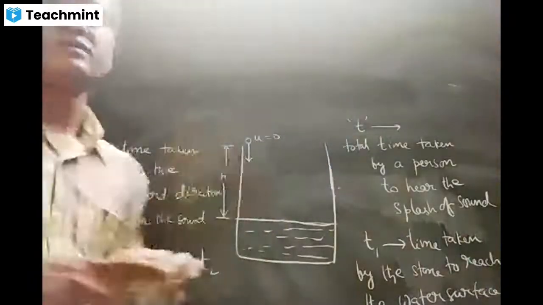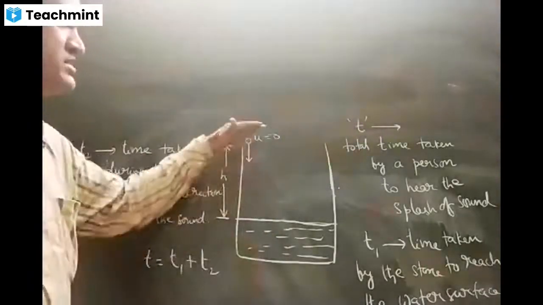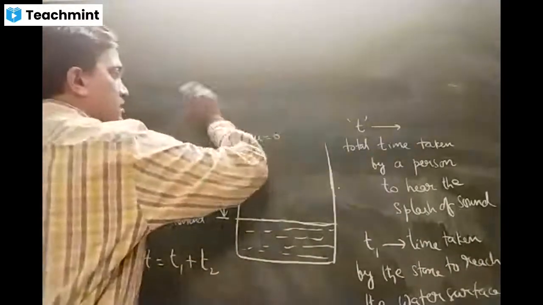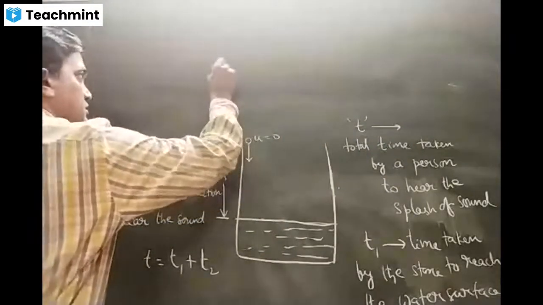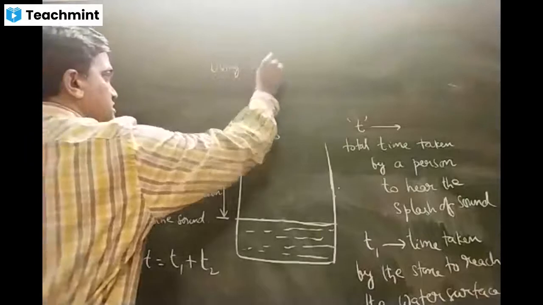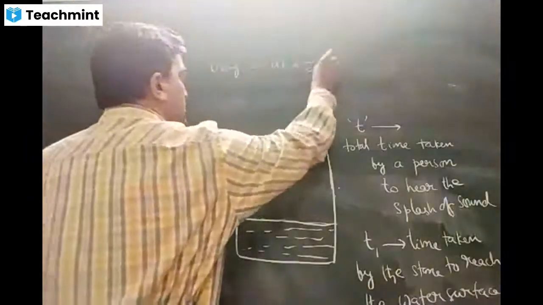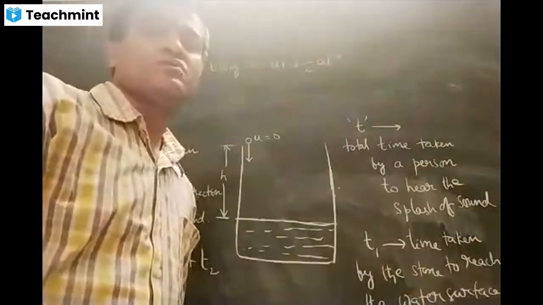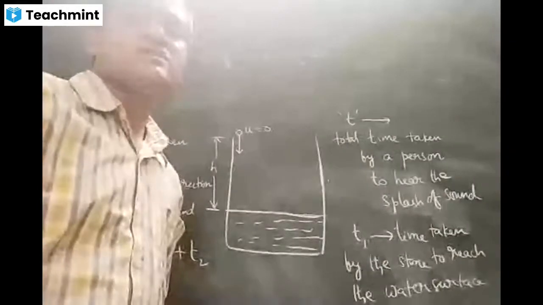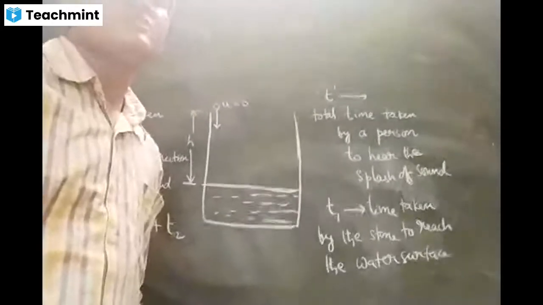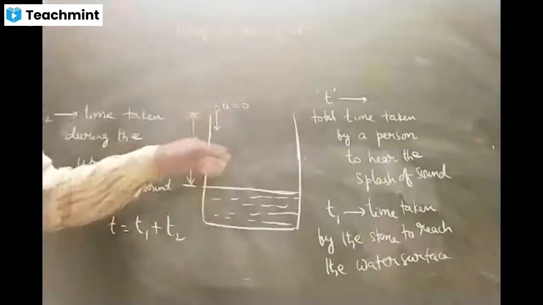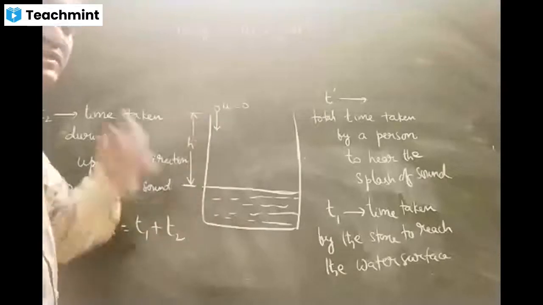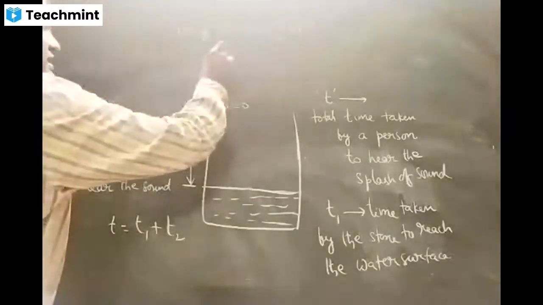During the downward journey, I'll use the equation S is equal to ut plus half at square, where t1 is the time taken during the downward journey. And what is the distance covered by the stone during the downward journey? H. So can I write S as minus H?